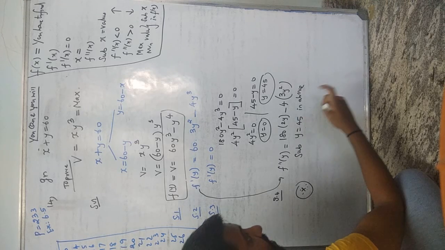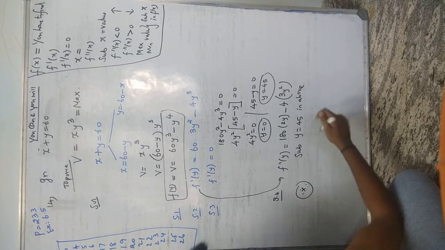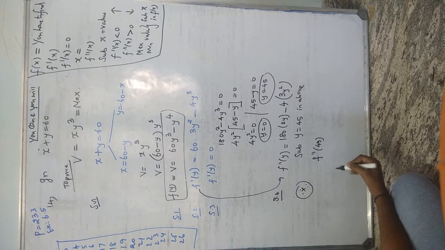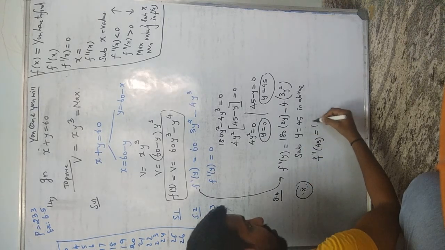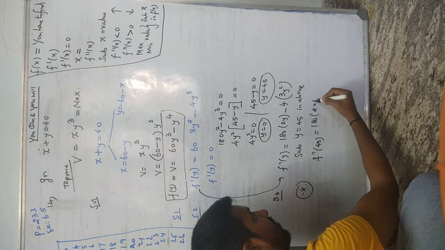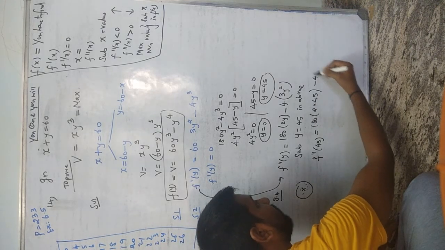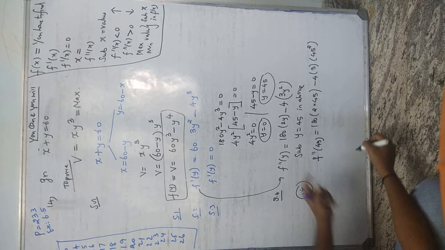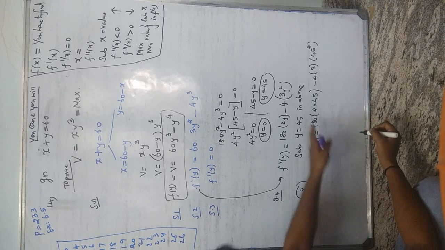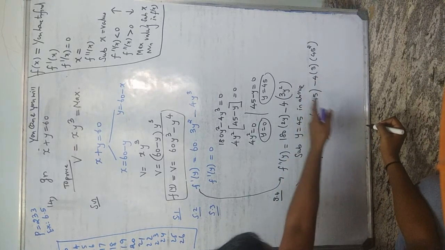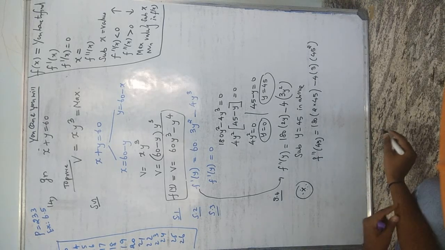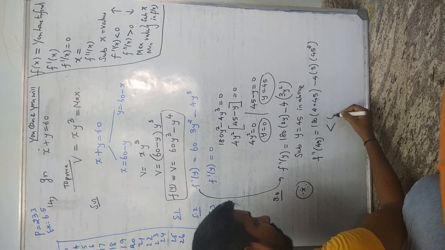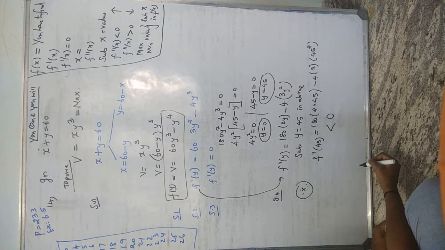Even a mental calculation of whether it is less than 0 or greater than 0 is enough, but you have to show the substitution. f double dash of 45 equals 180 into 2 into 45 minus 4 into 3 into 45 square. Whether you are a topper, below average or average, I won't ask you to find the value; I will ask you to find whether it is negative or positive. For me it is negative. Find the value yourself. It is less than 0.